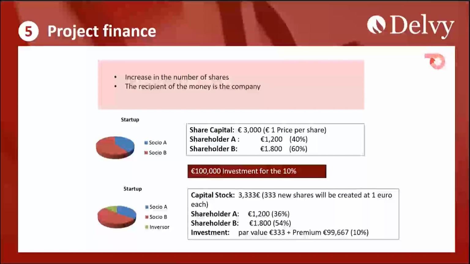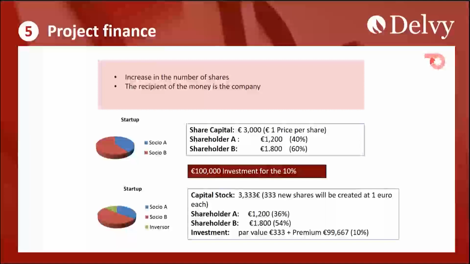We have a shareholder that has 40%, so 1,200 shares, and another shareholder that has 60% of the company, therefore 1,800 shares. And they're going to receive an angel investment of 100,000 euros for 10% of the company.